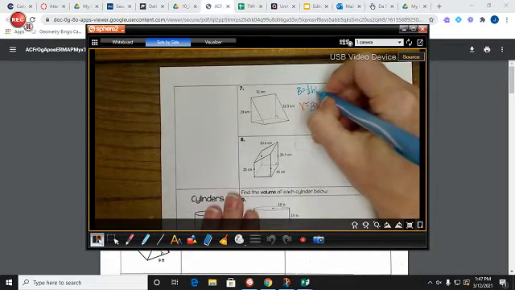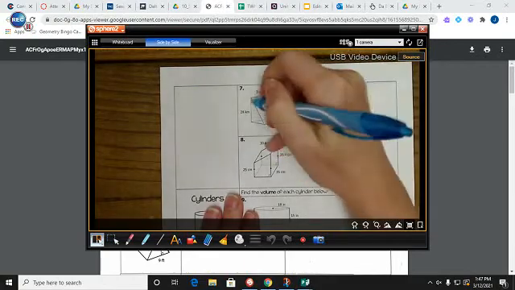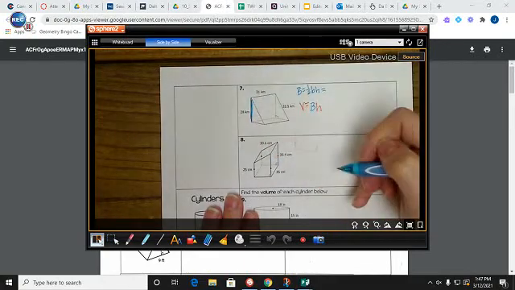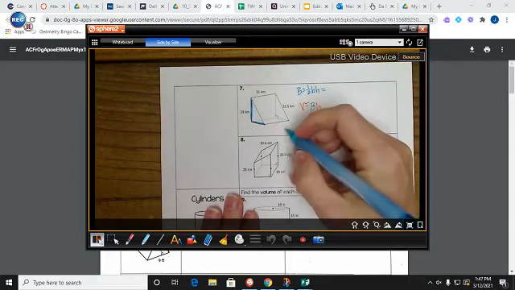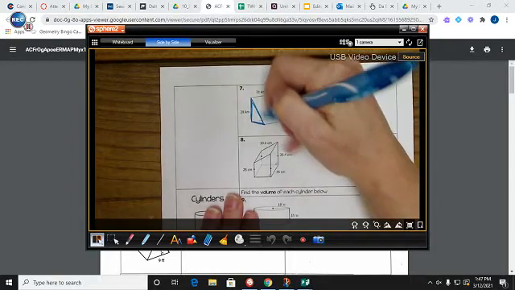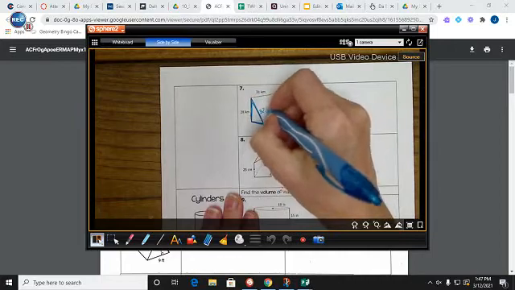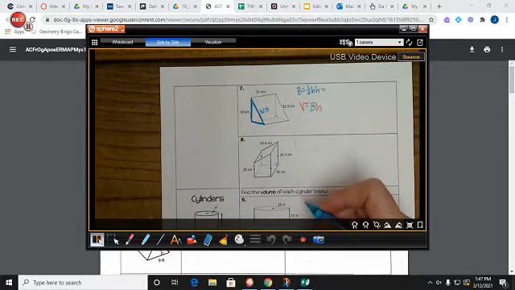So it'll be 1/2 of its base times its height. Well, I've got the height of this triangle, but oh, I don't have the base of the triangle. All I have is the hypotenuse, which is 32.5. So in order to do this one, I'm going to have to figure out what that base is.